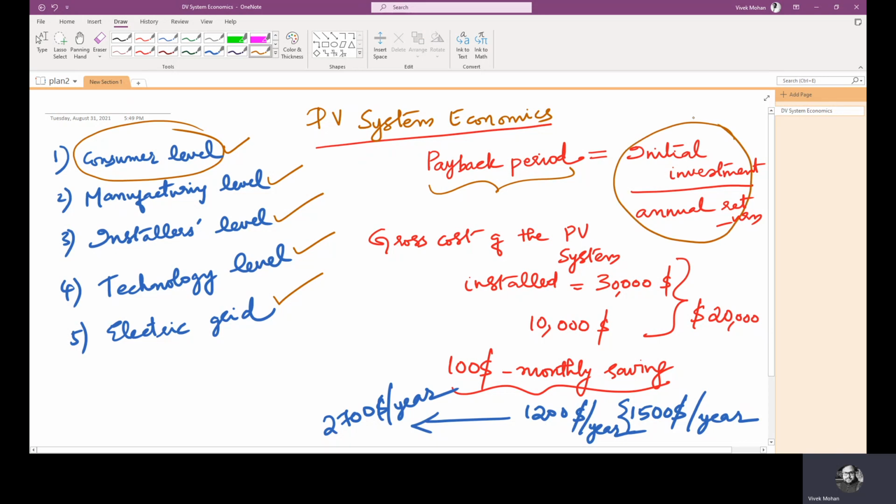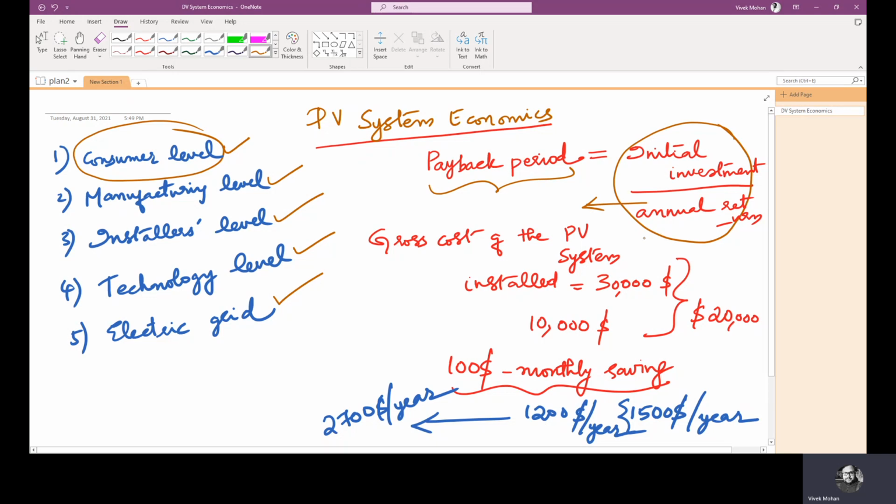So from the consumer's point of view, if he installs a solar panel on the rooftop of his residence, then because of this installation, he may have some savings in his electricity bill. That can be one portion of the annual return. Then the excess power, after meeting his own local demand, he can supply to the grid and earn some income from there also.